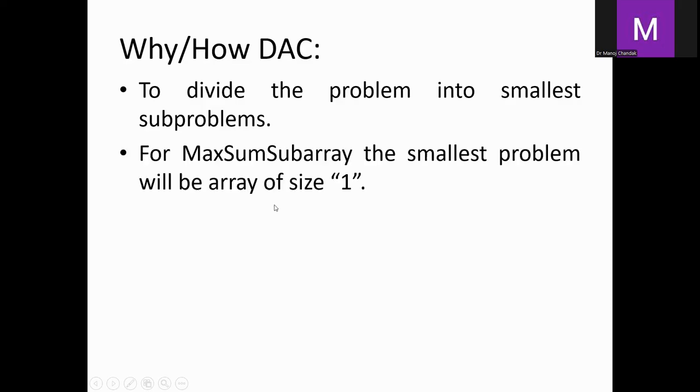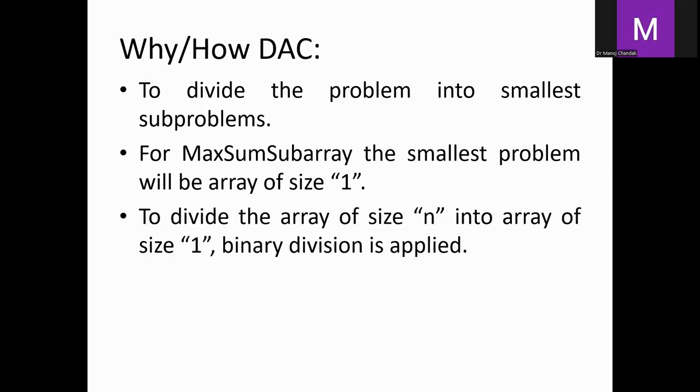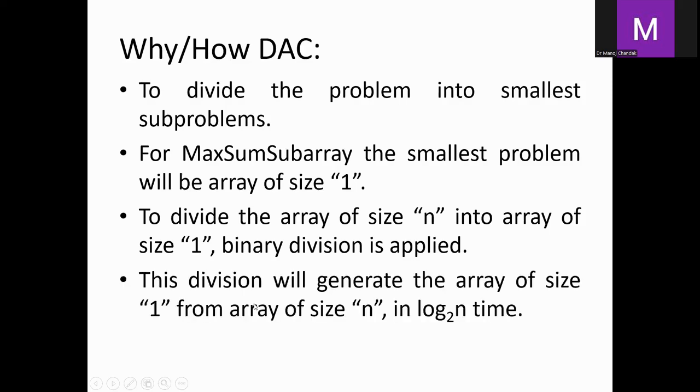In the case of maximum sum subarray, the smallest problem will be of size 1, that is, the array will have one element. To get from a bigger array of size n to an array of size 1, a binary division concept is applied. This binary division generates arrays of size 1 from an array of size n in log n base 2 time.